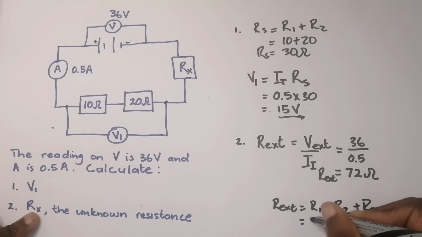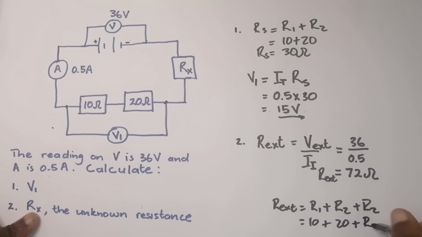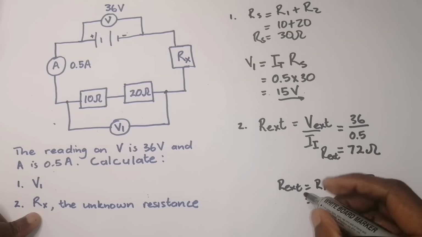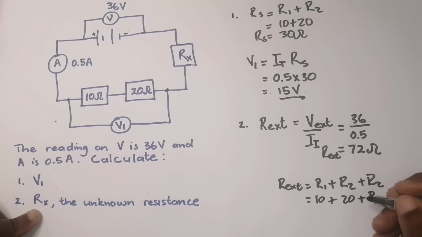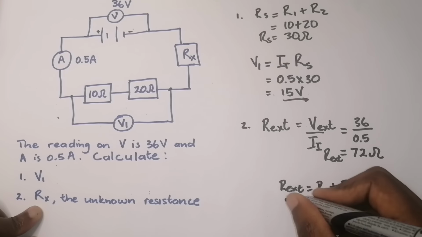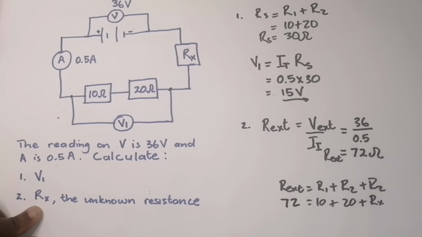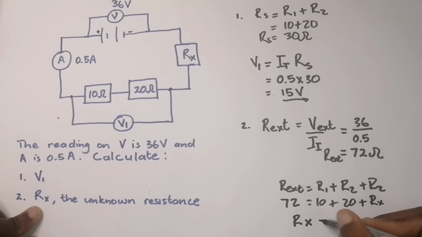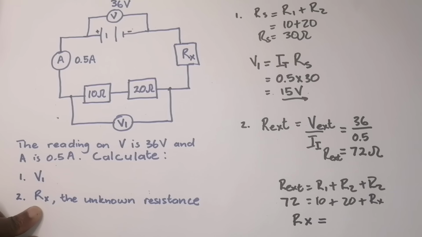This is going to give us 10 plus 20 plus Rx. We want the value of Rx, but we know that our total is already 72.